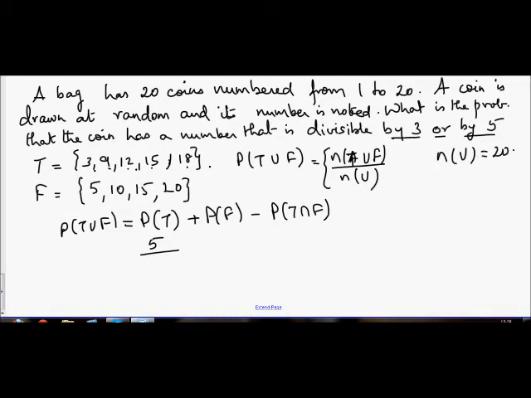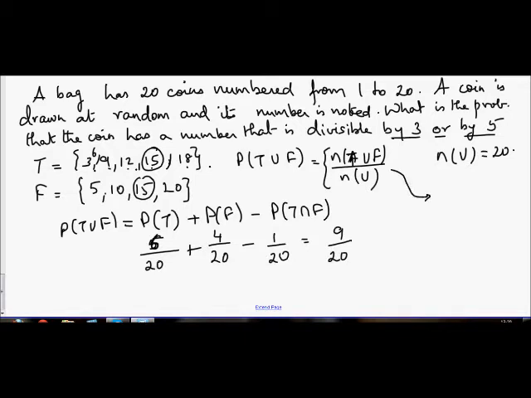For F you have 4 over 20, and T intersection F, the common number, is only 15, so it is 1 over 20. So this is 6 over 20 plus 4 over 20 minus 1 over 20, which gives me 9 over 20.